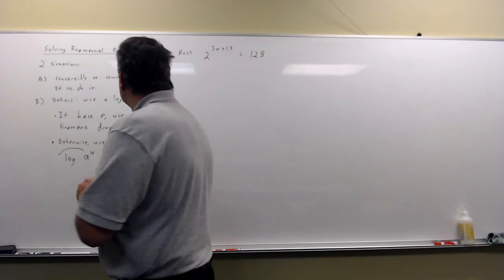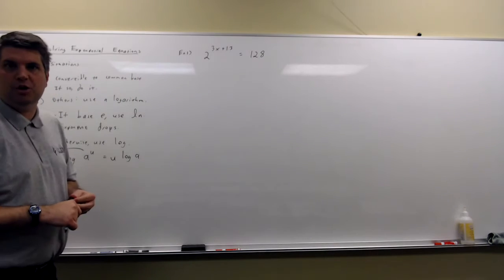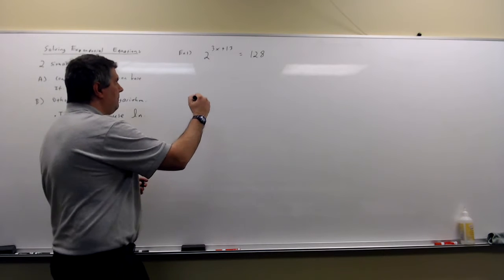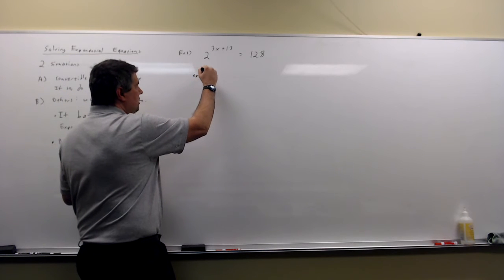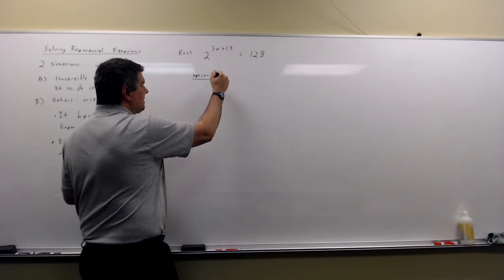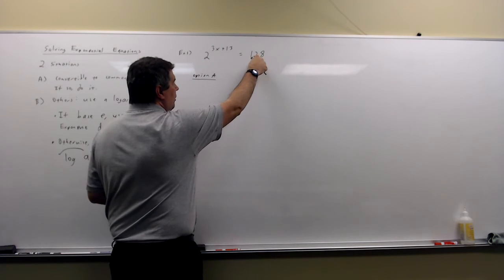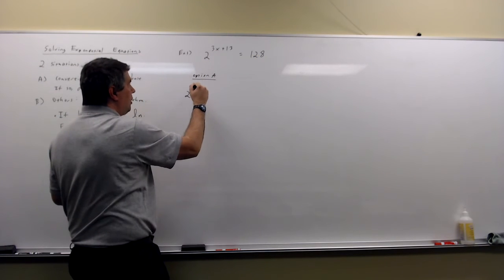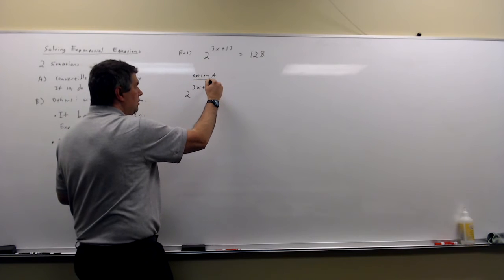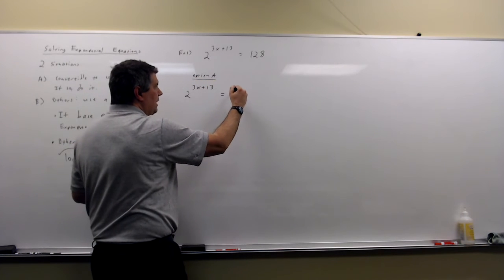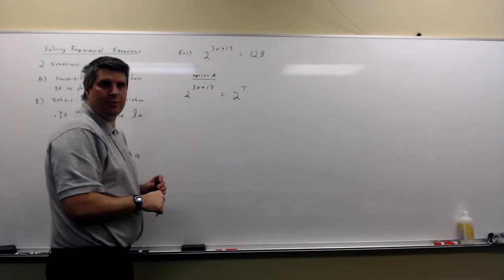So we'll use example 1 to illustrate this. There's option A. That's the easiest because 2 and 128 are both convertible to a power of 2. 128 is equivalent to 2 to the 7th.